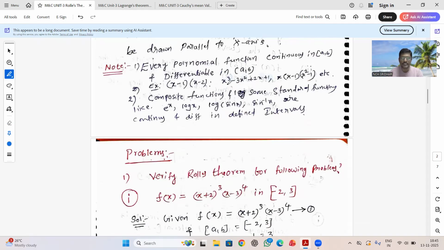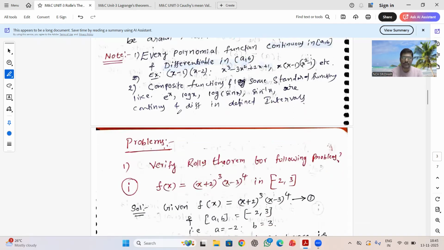If the function is given like this, then there is no need of verifying whether it is continuous or not, because every polynomial is continuous in closed interval a comma b, and every polynomial is differentiable in open interval a comma b.